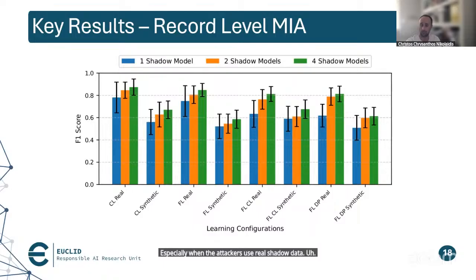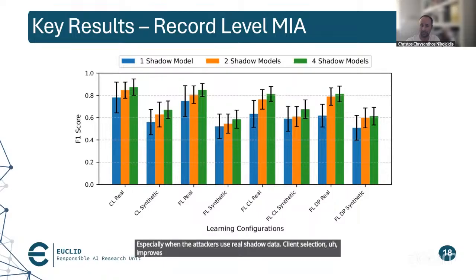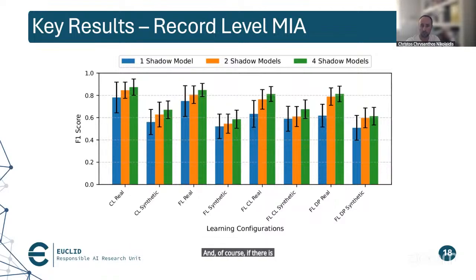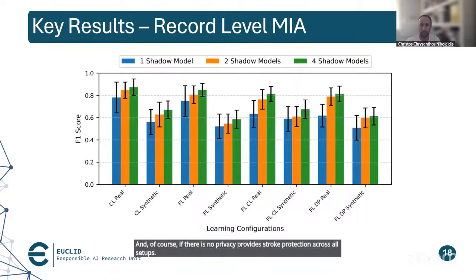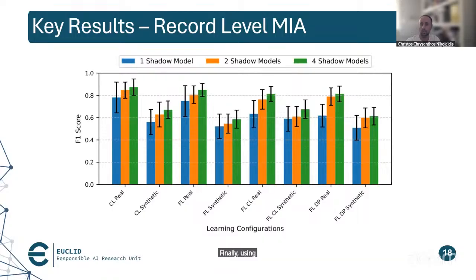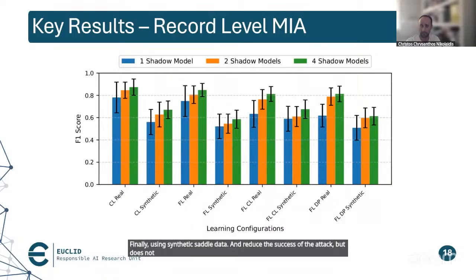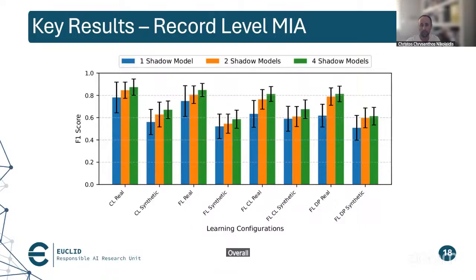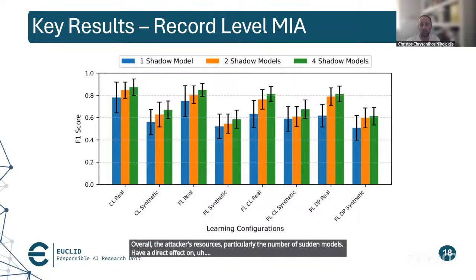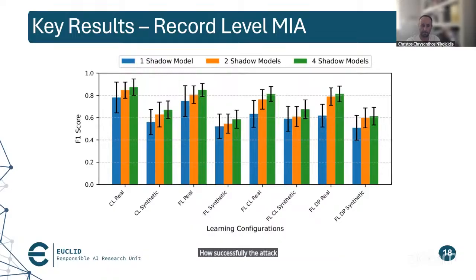Client selection improves protection by reducing the consistency of client participation. And of course, differential privacy provides strong protection across all setups. Finally, using synthetic shadow data reduces the success of the attack, but does not eliminate it. Overall, the attacker's resources, particularly the number of shadow models, have a direct effect on how successful the attack is.